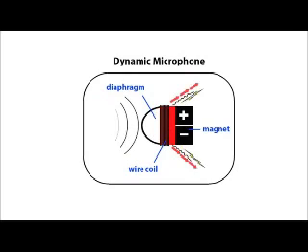As we know from basic electrical concepts, a coil of wire moving around the magnet produces an electrical current. In this case, the movement of the diaphragm and coil is an electrical representation of the original sound source.